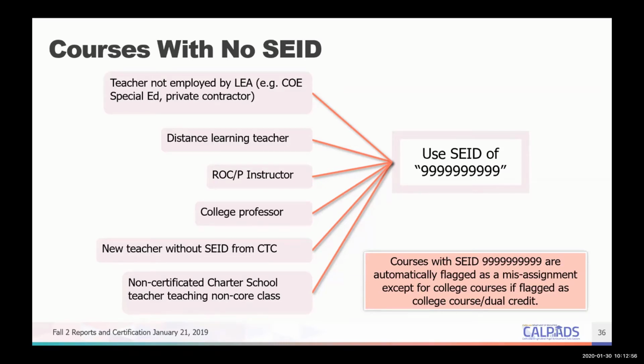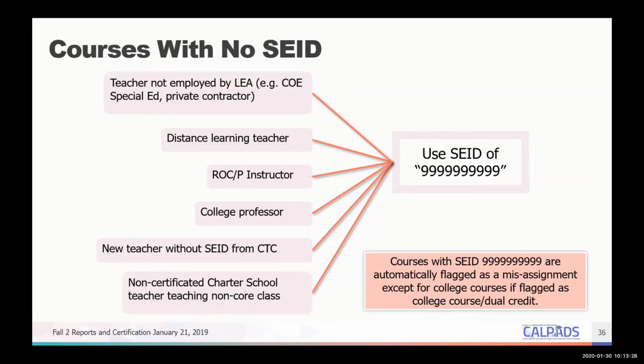However, on the note for college courses, as long as the courses are flagged as college course or dual credit, they won't be flagged as a misassignment. And if you go to the course data population training, you'll see the non-standard instructional level field in the course section can be used to flag CTE courses with the code of 23 or 24.